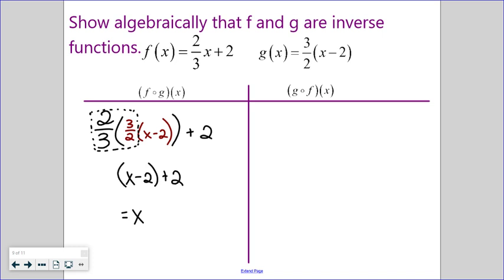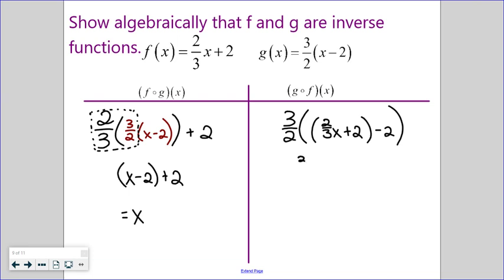Do g of f. Okay, this is where we have to remember our algebra. On this one, is it technically legal for me to do 3/2 times 2/3 first? No, that I can't do. So on this one, I would start by doing my combining of like terms in there and do the plus 2 minus 2 first.